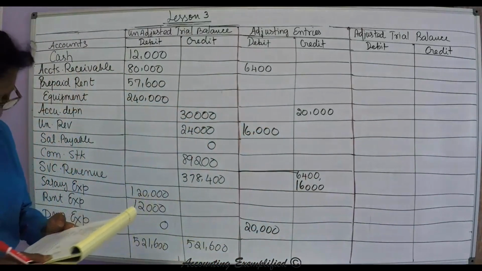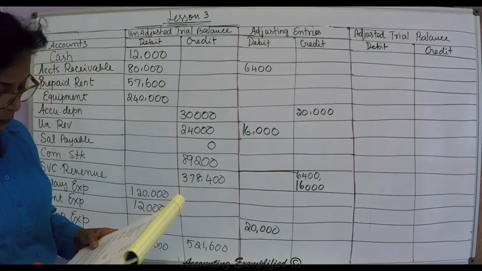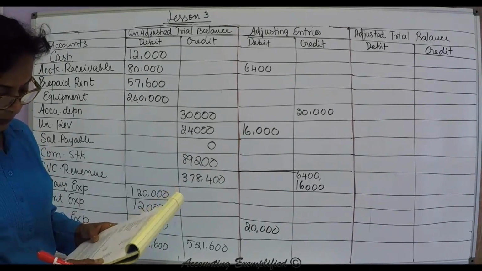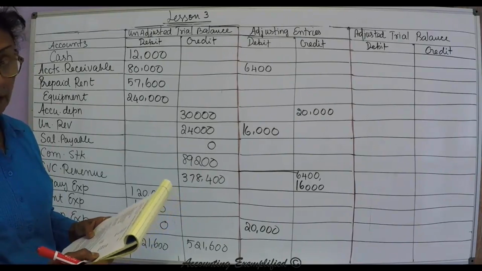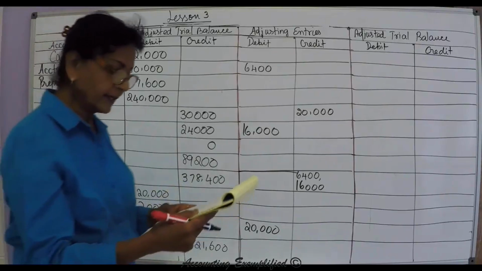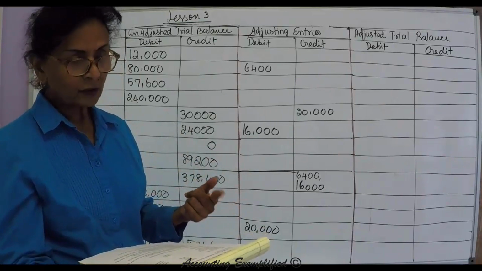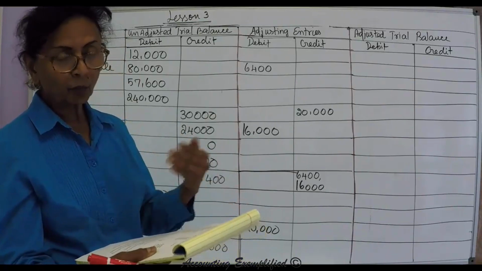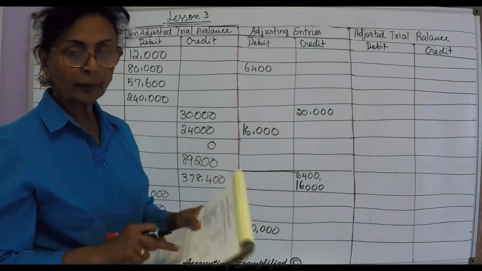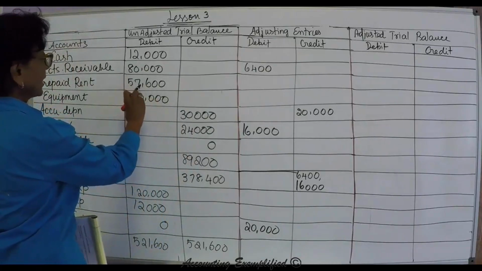Next one, the prepaid rent was paid on January 1st, 2023 for 2 years. And now we are doing the adjustment for December 31st of 2023. So 57,600 for 2 years, 1 year has passed. So they have used up 1 year worth of the prepaid rent, which will be 1/2 of this 57,600. So this has to be decreased.